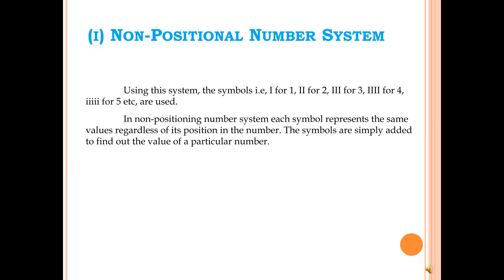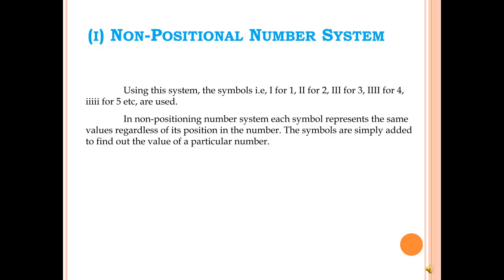First we have the non-positional number system. Using this system, the symbol I denotes number 1, the symbol double I denotes number 2, the symbol triple I denotes number 3, and so on; five times I denotes 5, etc. are used.